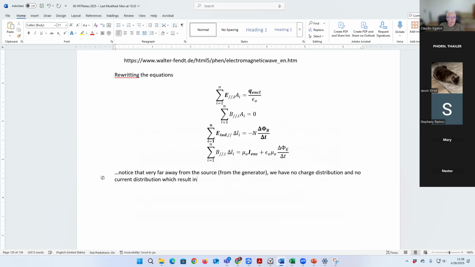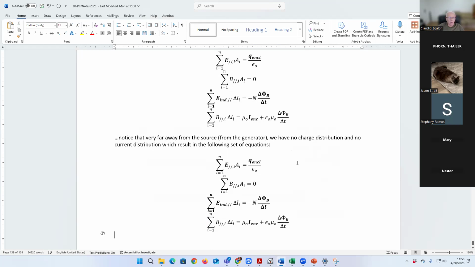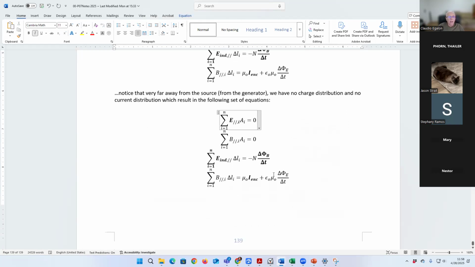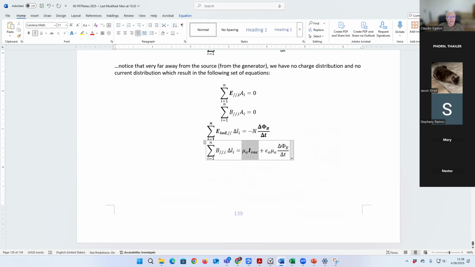Which results in the following set of equations. The first one and the second one are going to be 0. No charge very far away, and no current here. See that? But only the terms of the magnetic and electric flux that change as time goes by.